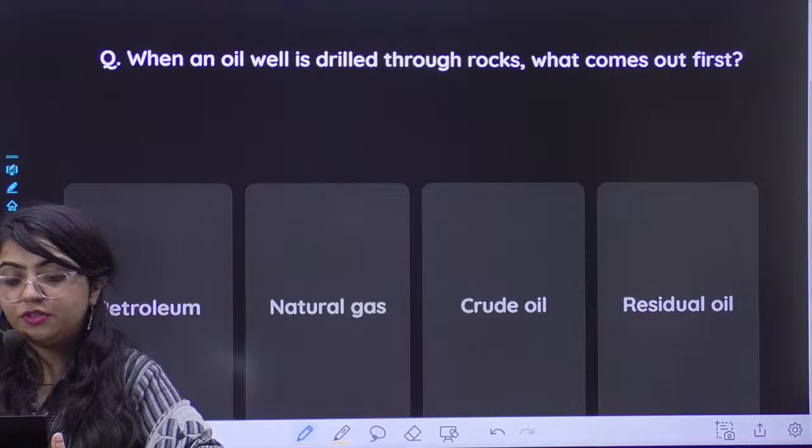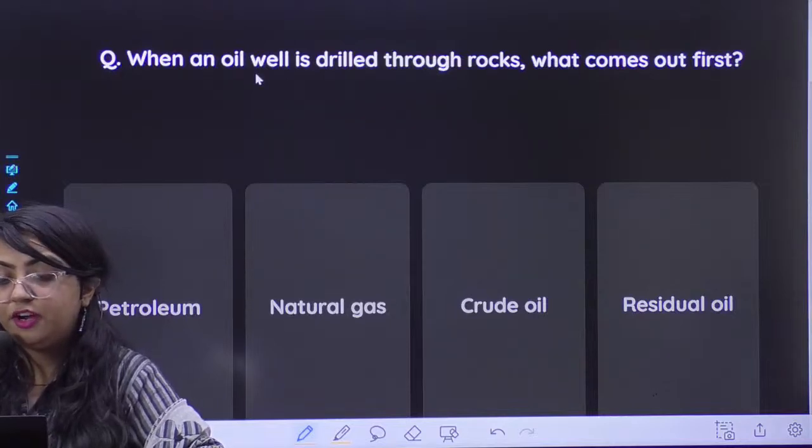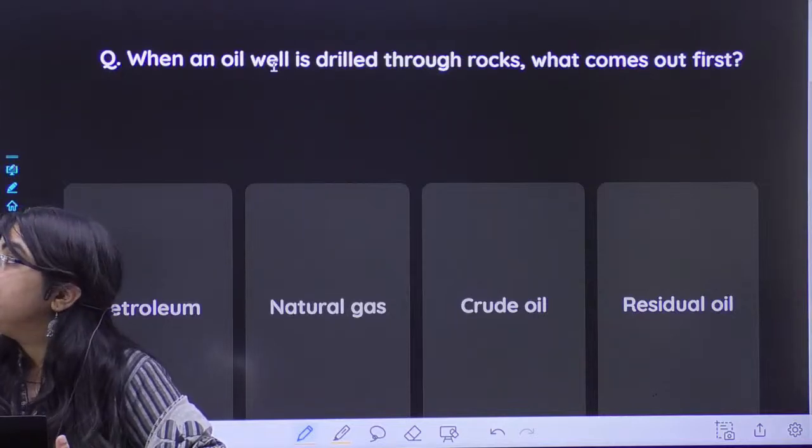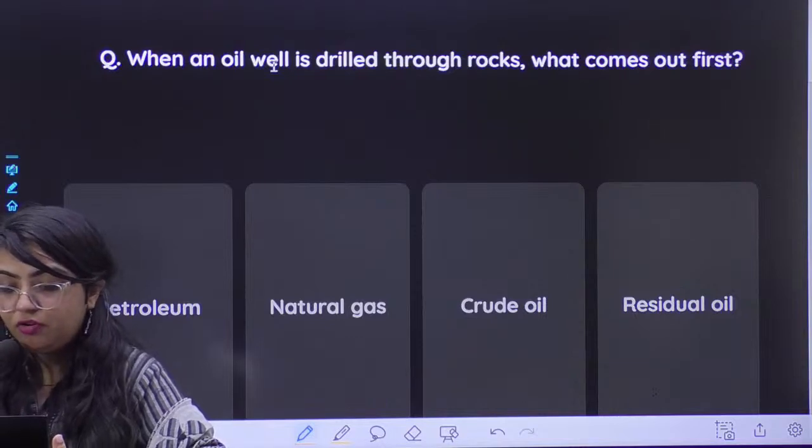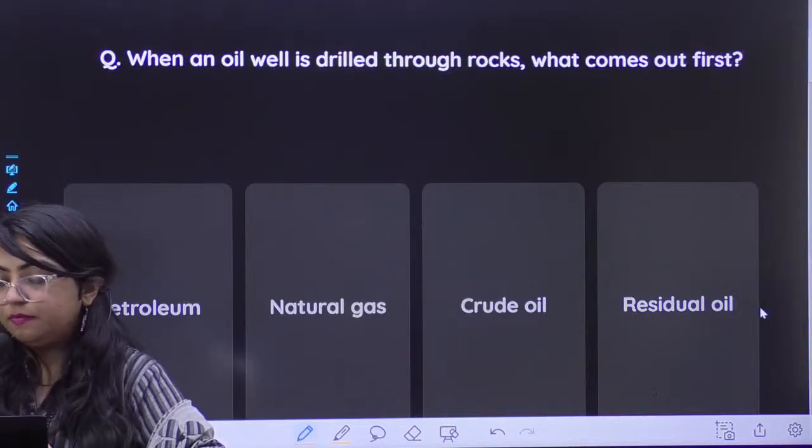Which resource will we get when an oil well is drilled, out of the given four options?